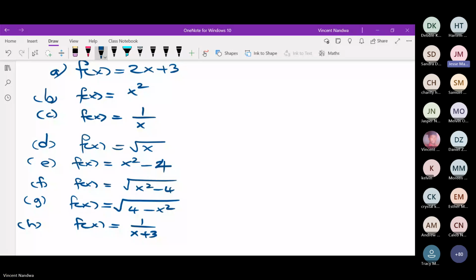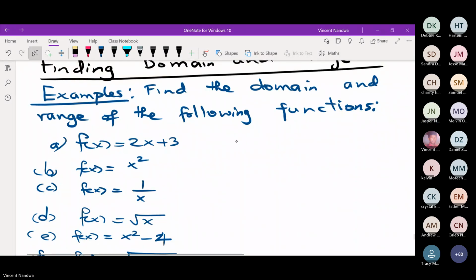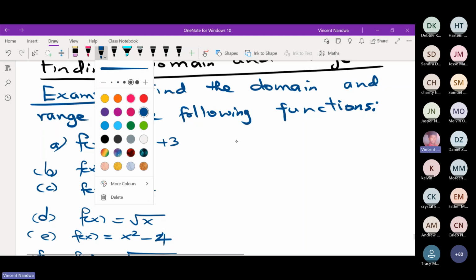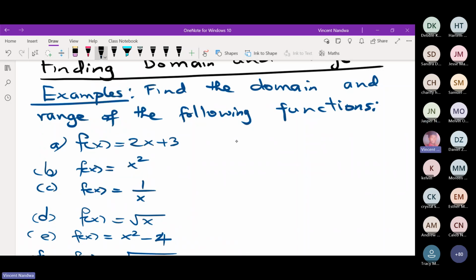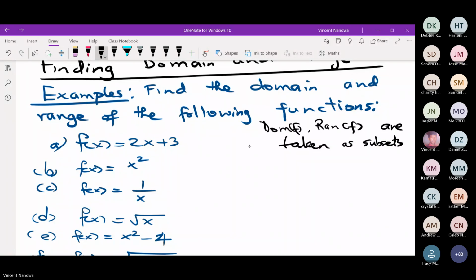So now, please note that the domain and range of functions we discuss are taken as subsets of real numbers.